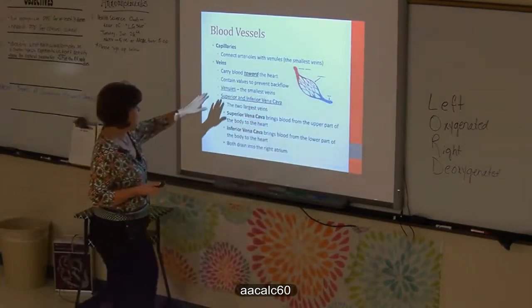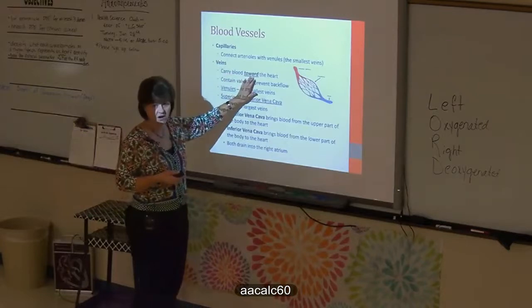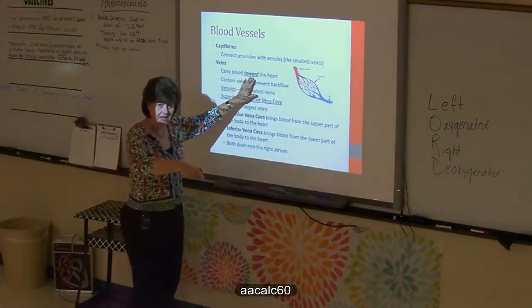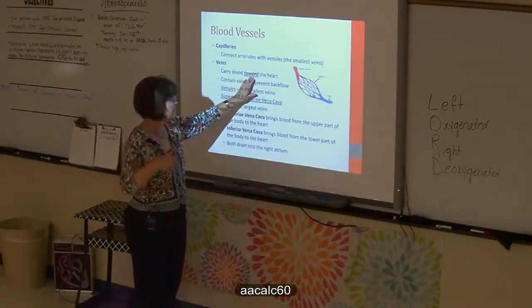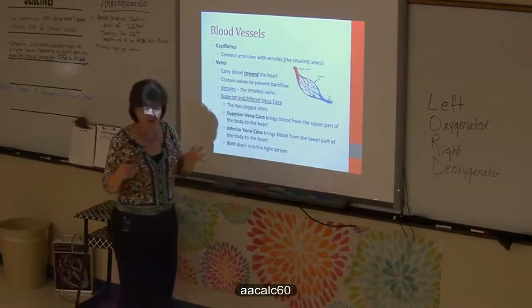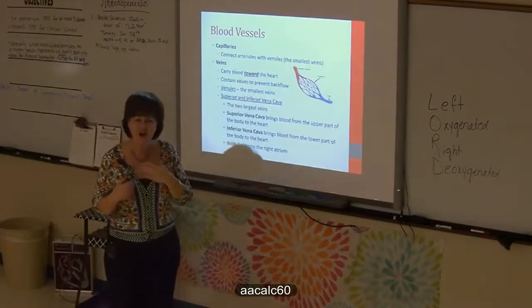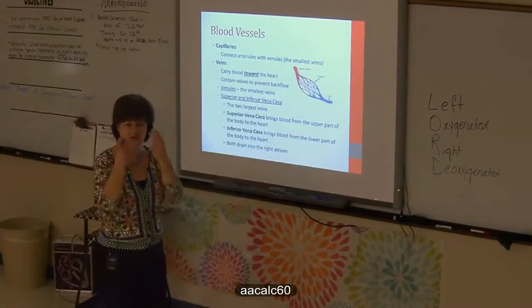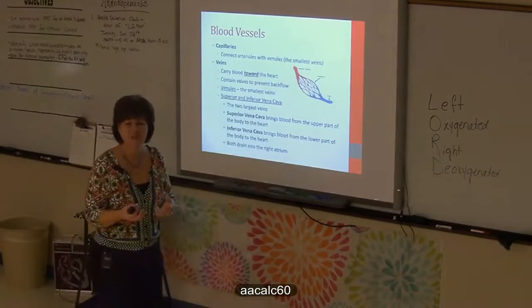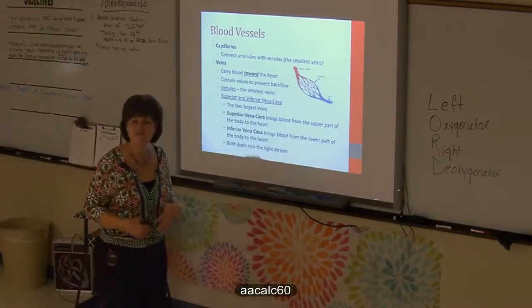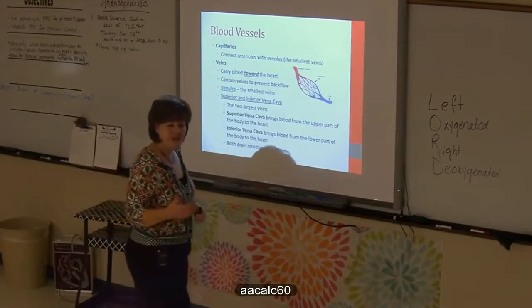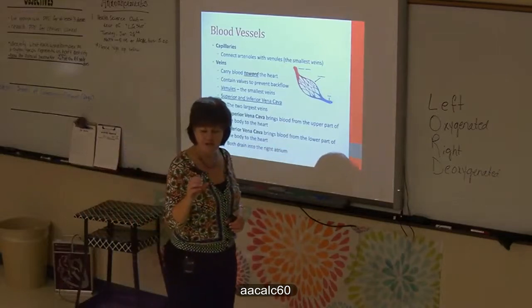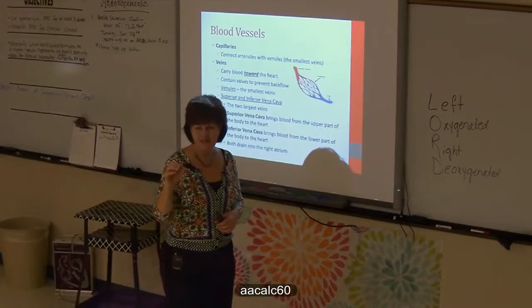Okay? So veins carry blood toward the heart. Arteries carry it out there. Veins bring it back. They contain valves. So we talked about the valves in the heart that keep the backflow so that you don't always have that mixture of blood. The same thing occurs in the veins of your body, because the veins really are kind of weak little vessels.